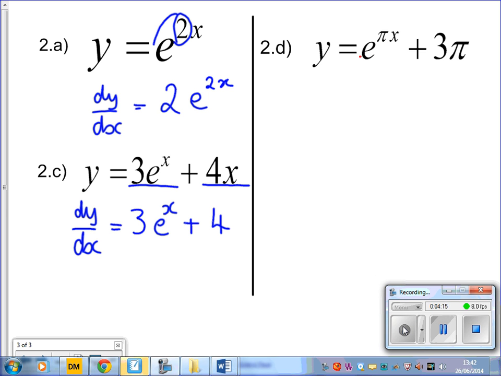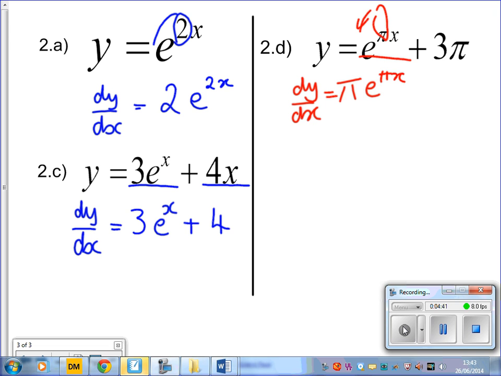2D also has 2 parts, so if we look at this part first, dy/dx equals e to the pi x, and our pi here needs to come down to the front. Remember, pi is a number, so we've got pi in front.